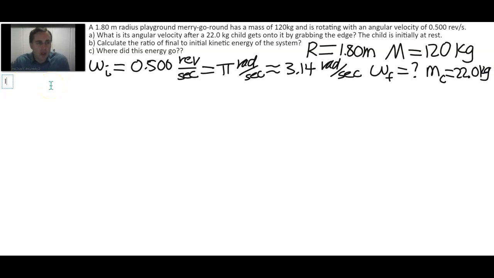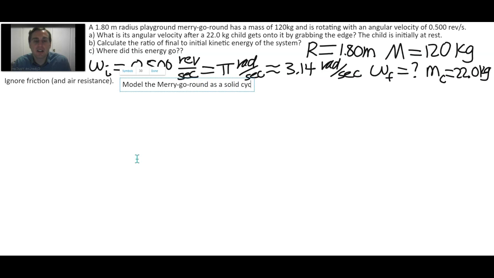So, ignore friction and air resistance. We're not told anything about that in this problem, so we will ignore those things. Furthermore, we can model the merry-go-round as a solid cylinder.